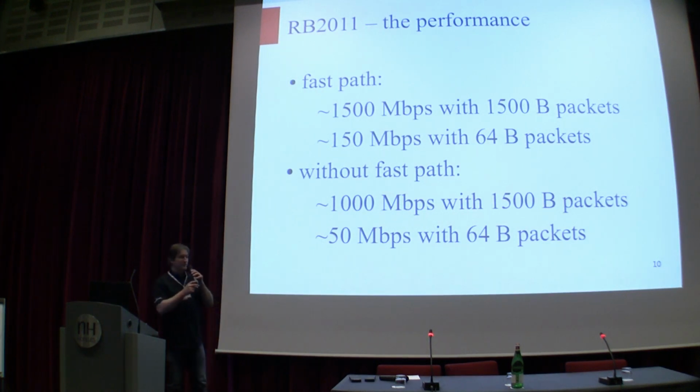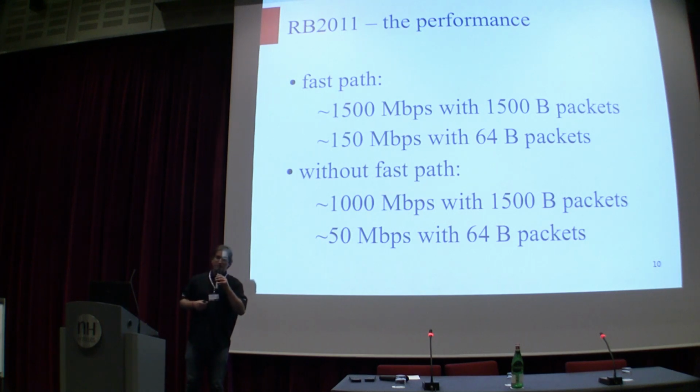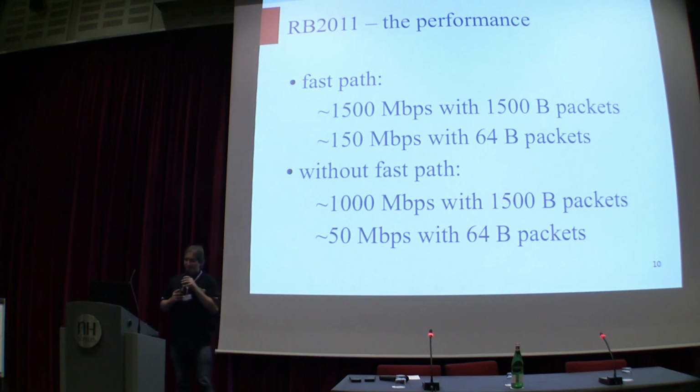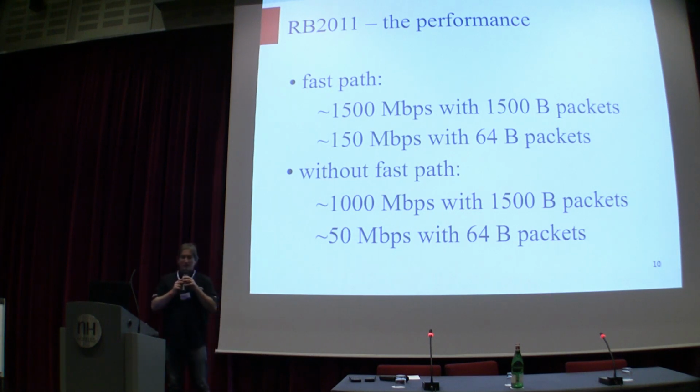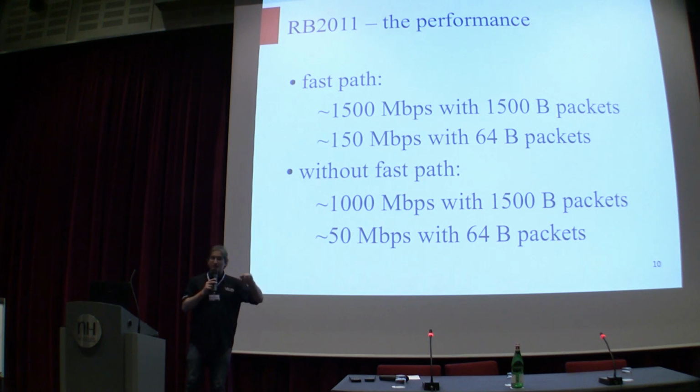These are a few examples of the bridging performance. These are examples for RouterBOARD 2011, based on the official Mikrotik measures. They are quite okay. If you use the fastpath feature, so we have no bridge filters, no IP filters, no queues, just a simple bridge, we can get about 1.5 gigabits total traffic going through the CPU with bridging.